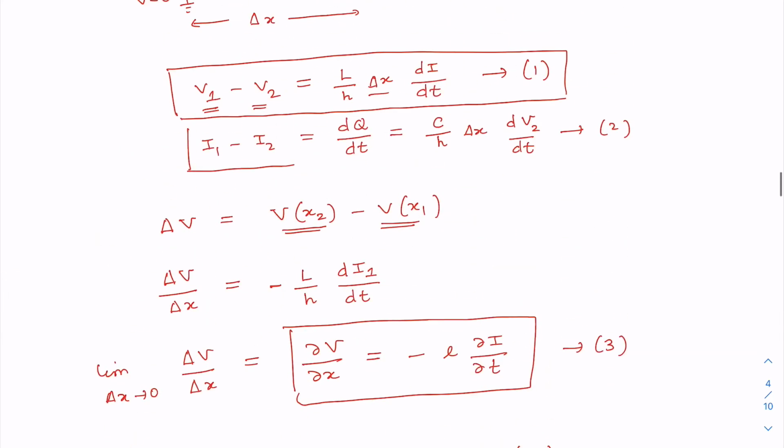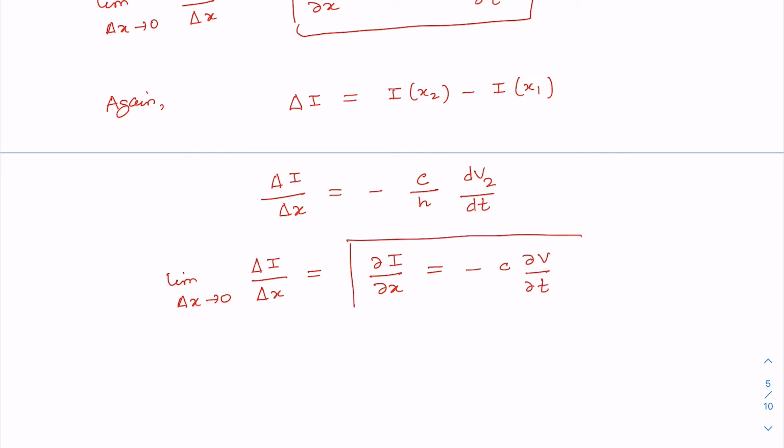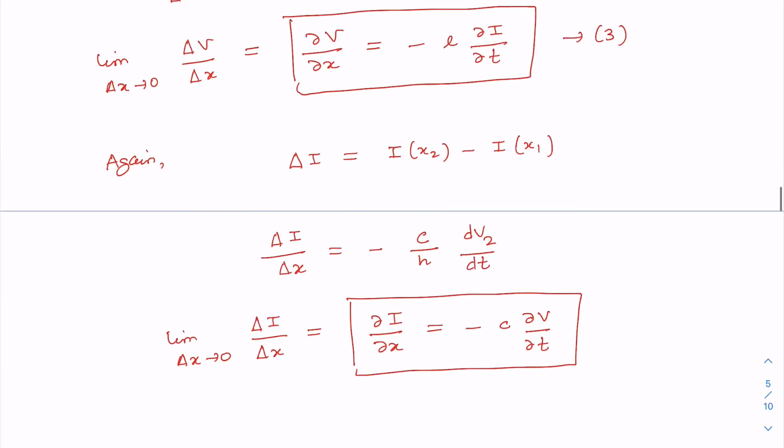Please look at this equation again here. So again in the limit delta x tends to 0, I can write delta I by delta x as del I by del x, and that would be equal to, let me write small c, capacitance per unit length, times del V by del t. This is another equation I get.